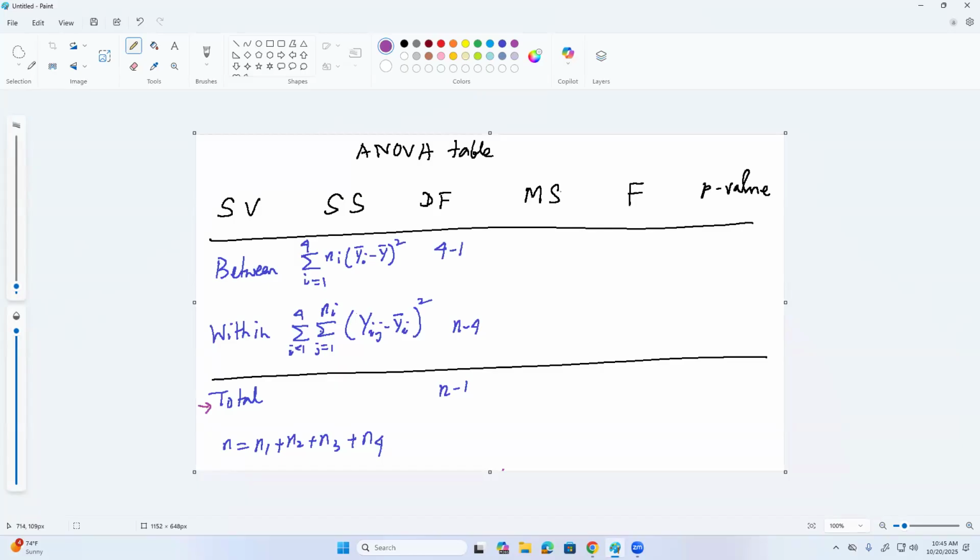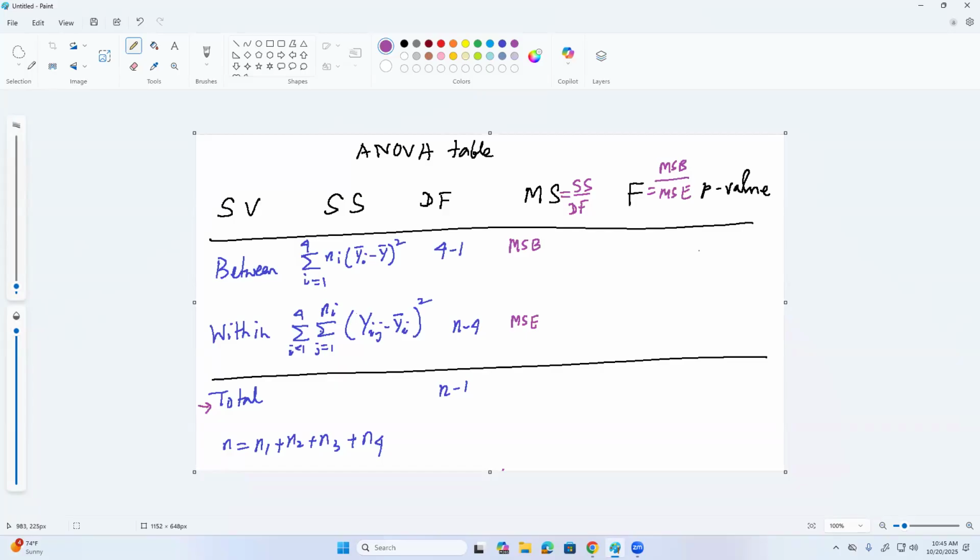Mean square is sum of square divided by df. This one is called mean square between, and this is called mean square error. And F is mean square between divided by mean square error.